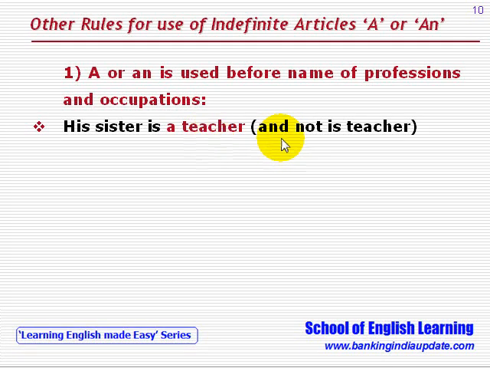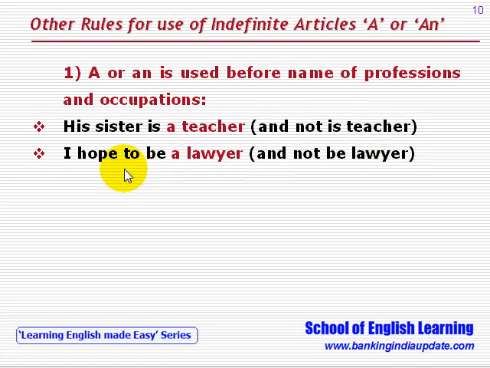We will not say his sister is teacher. I hope to be a lawyer. We will not say be lawyer. So names of professions, names of occupation, we are using the word a or an.